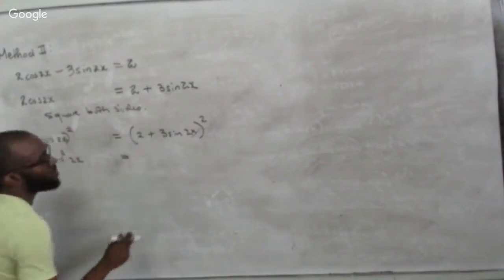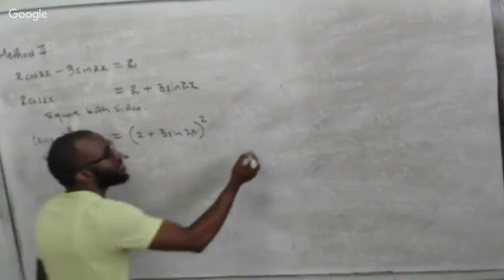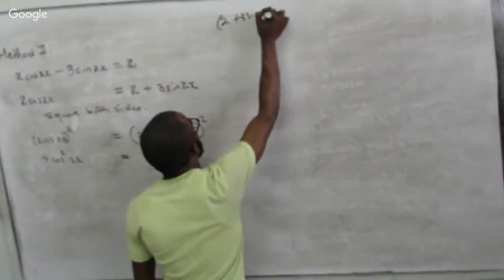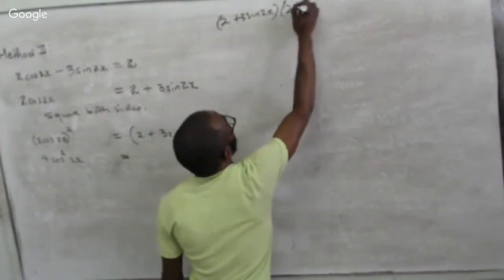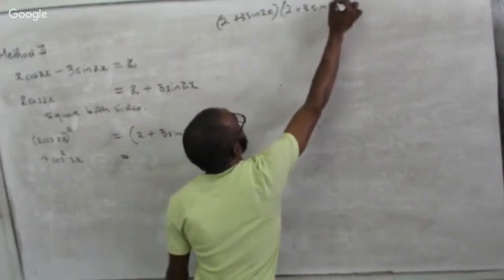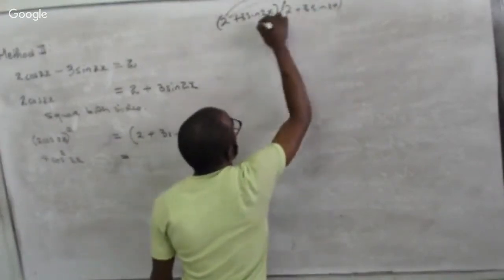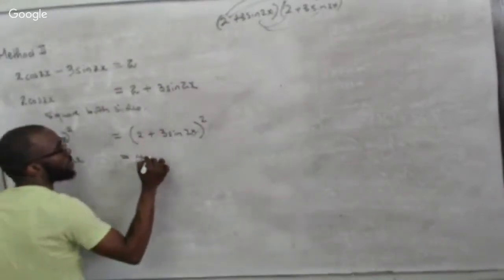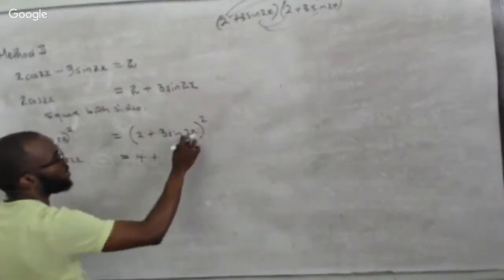Using my shortcut method, I can say 2 plus 3 sin 2x times 2 plus 3 sin 2x. I use my arrow rule. 2 squared is 4, plus the middle term, 2 times this times this.